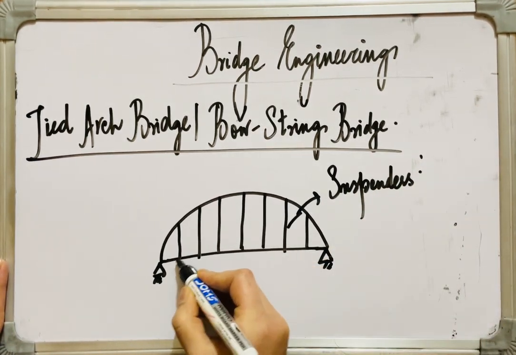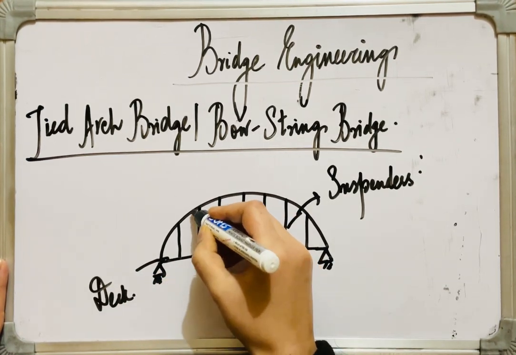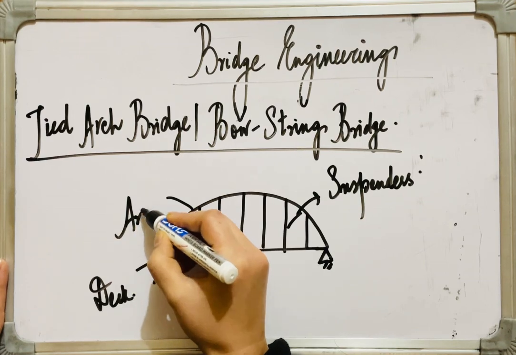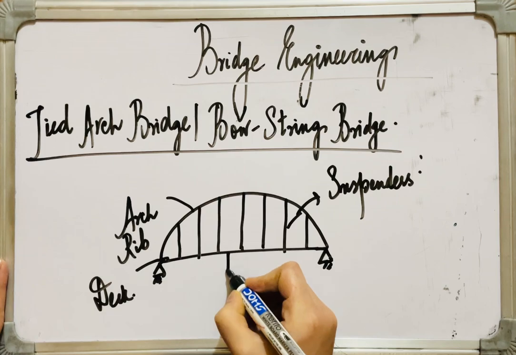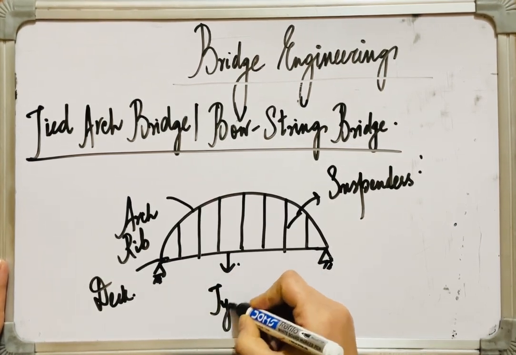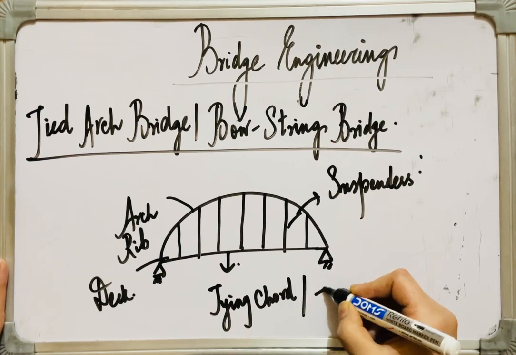This is the bridge deck. This is the arch rib. And this is the tying cord or ties.